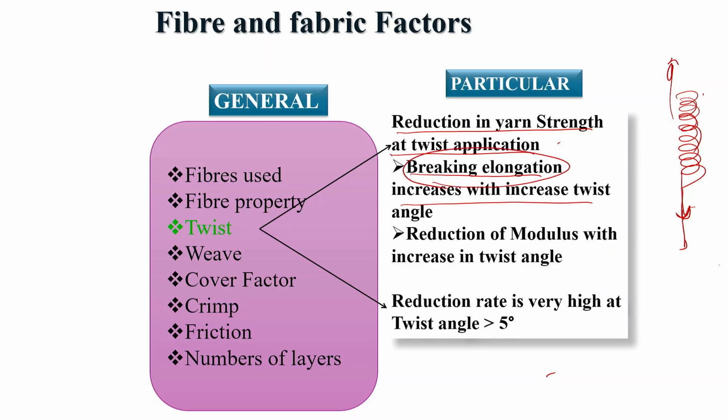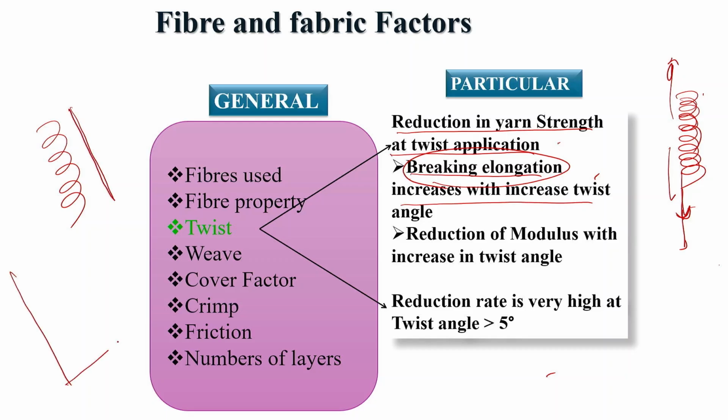So, breaking elongation also increases with the increase in twist, and this is the helical structure, and this one is straight.